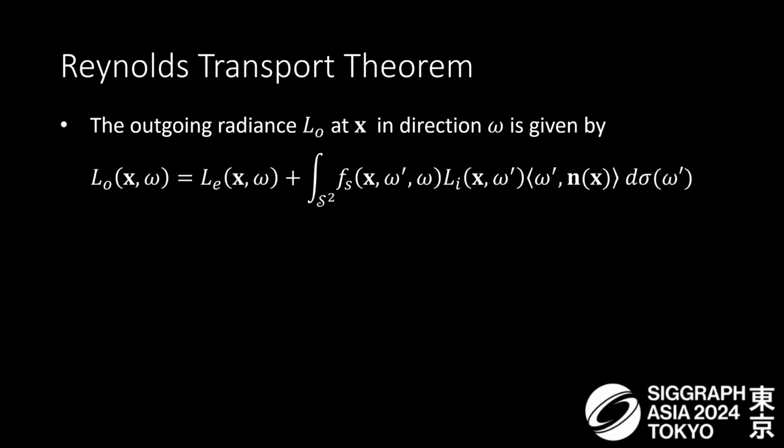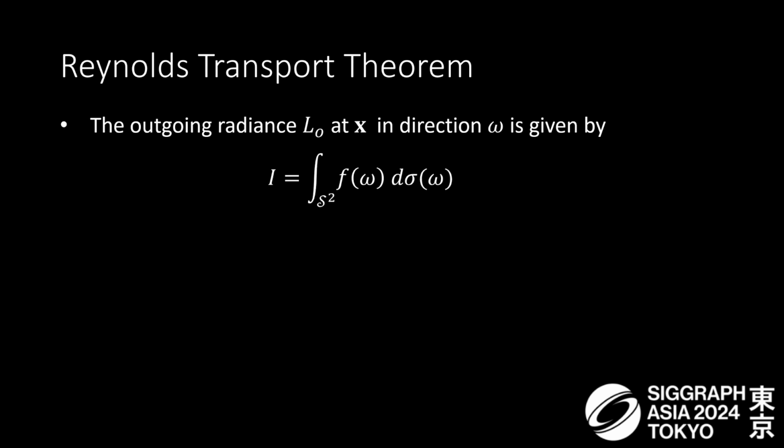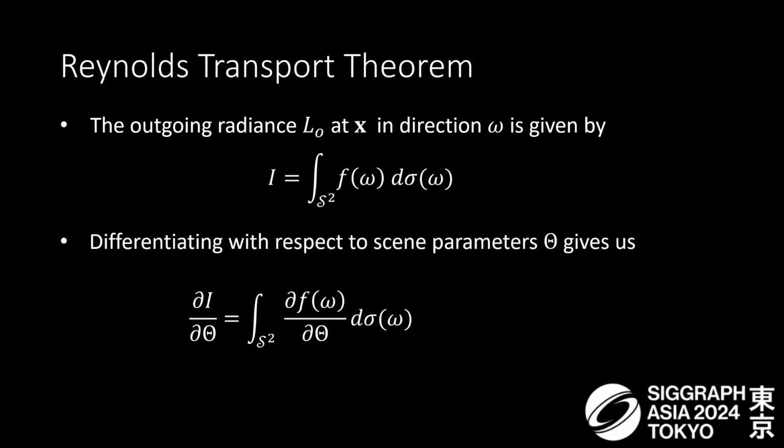More formally, the outgoing radiance at some point in some direction can be expressed by the rendering equation. And luckily in this talk, we don't need to care about the precise term in this equation, and we can just abbreviate it to a simple integral over the unit sphere domain. Now, differentiating this integral with respect to some scene parameter theta would give us the following if f is a continuous function.